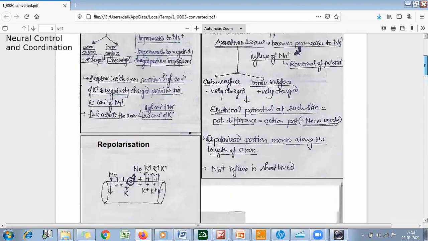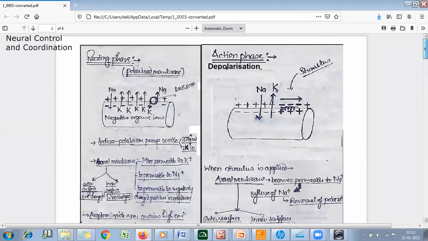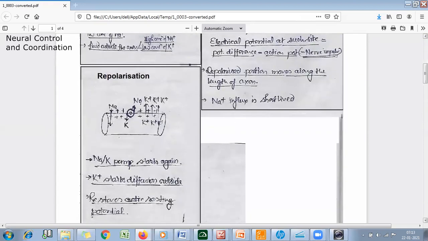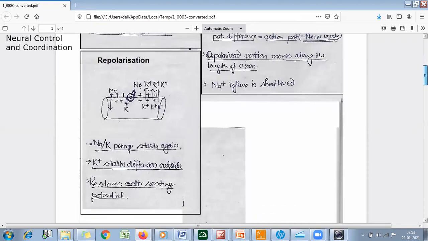Then the resting phase is recreated by the repolarization state, which is the third state. In this state, what happens? The sodium potassium pump starts again.